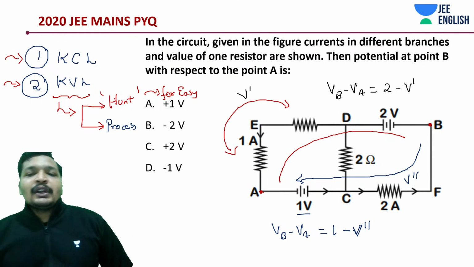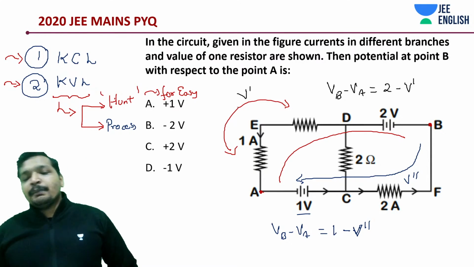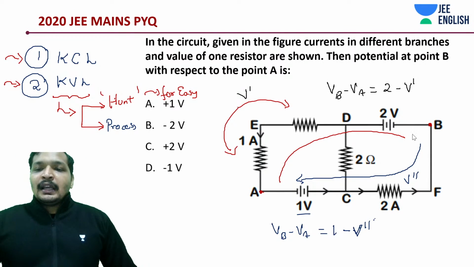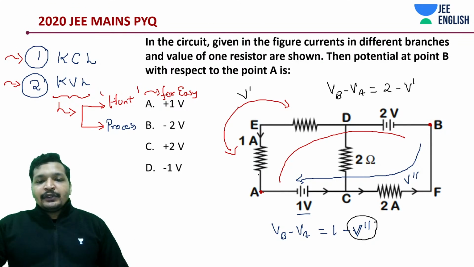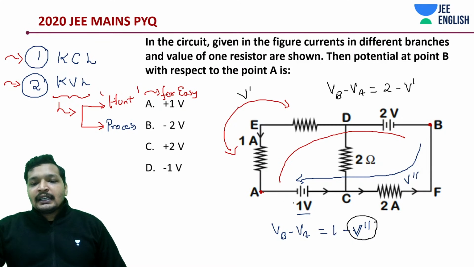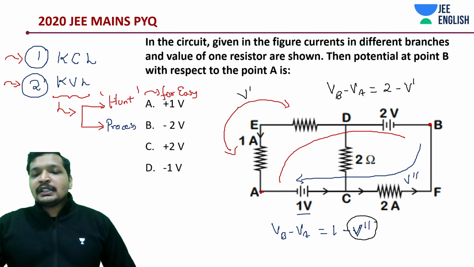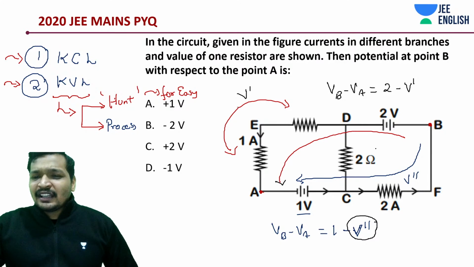You can judge the value of VB minus VA. See, V dash is not going to exceed a certain value depending upon how much EMF is being generated. If you move in all of this loop, how much EMF is being generated? 3 volts. Okay, this is just a technique for this specific kind of question.